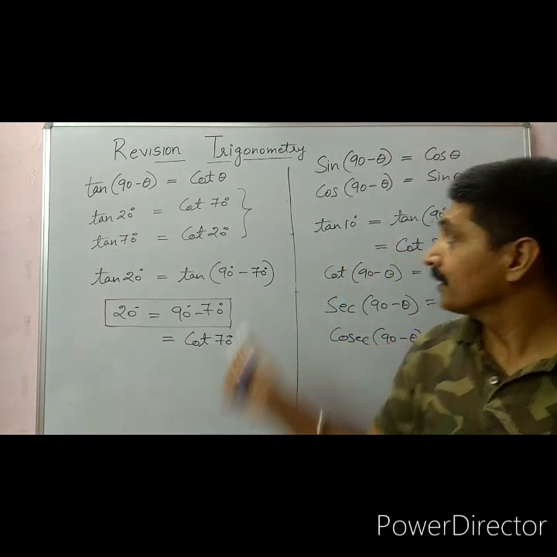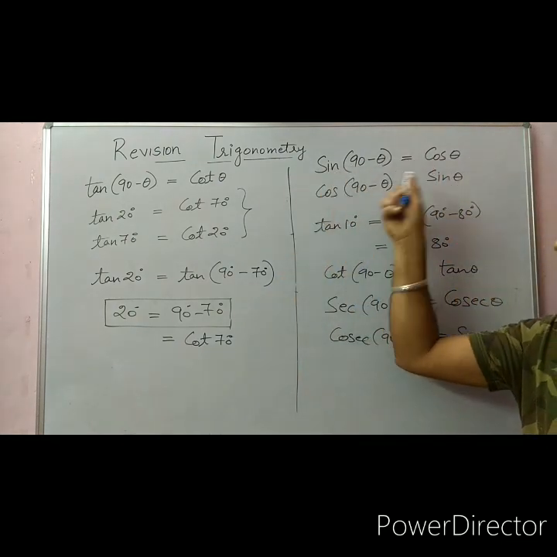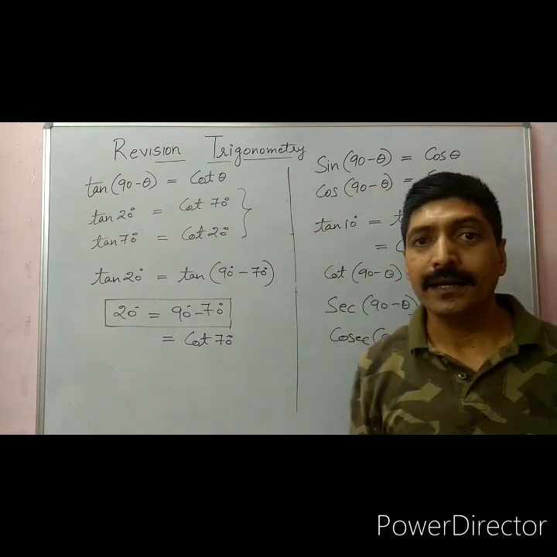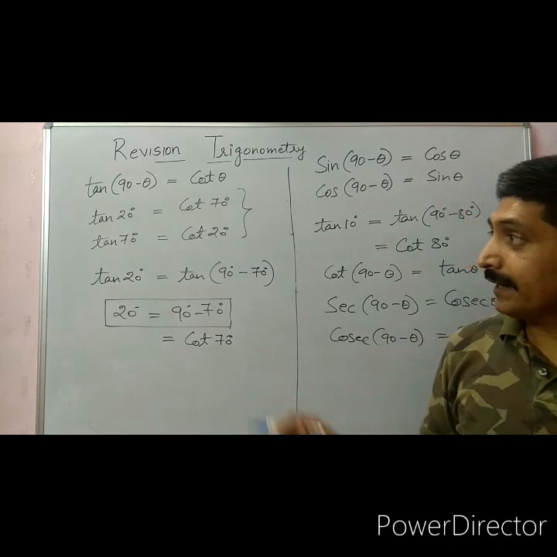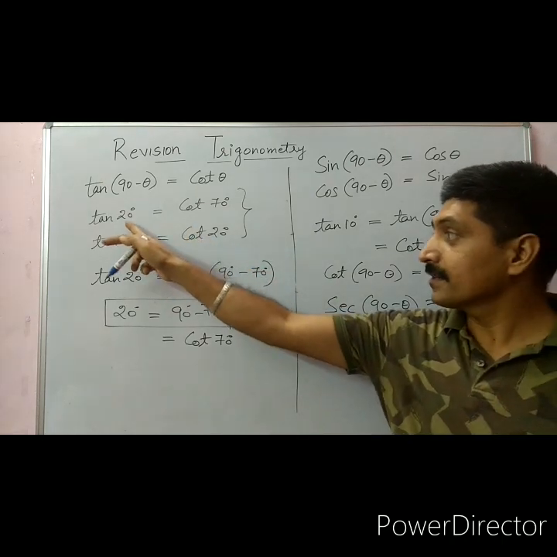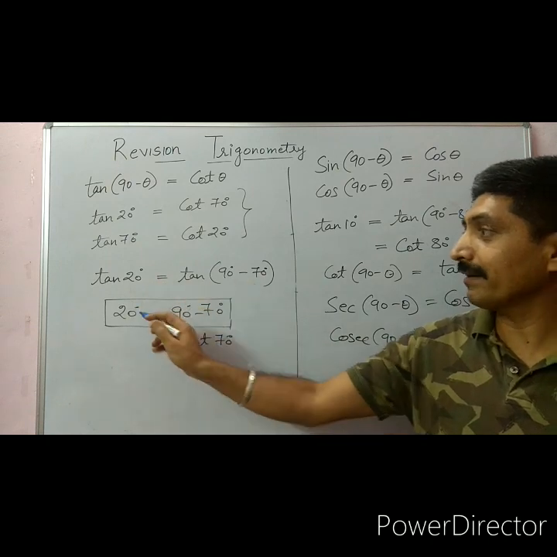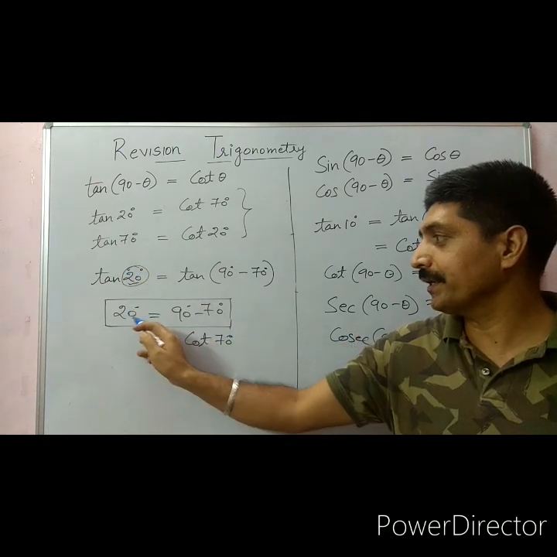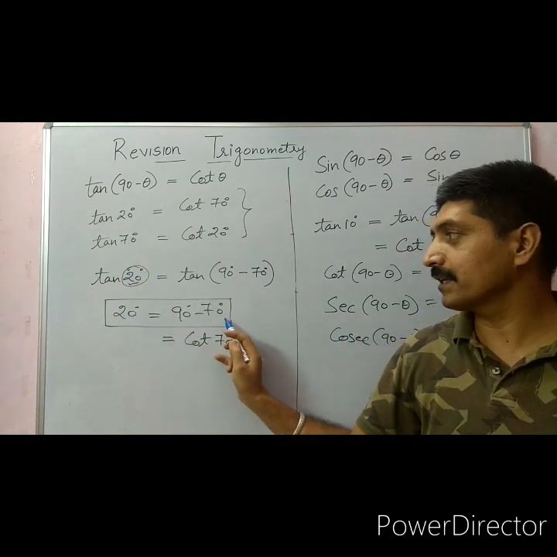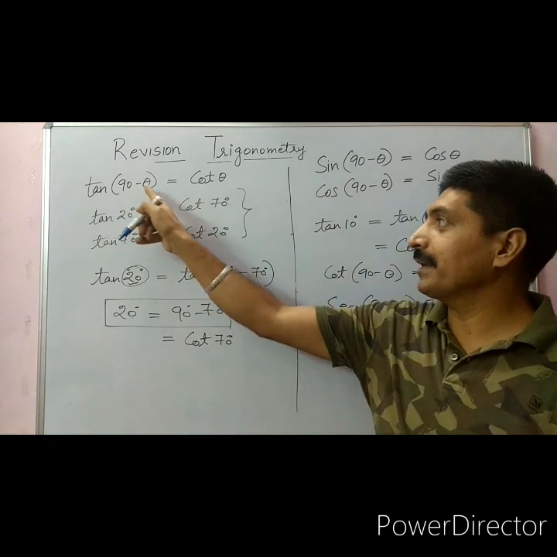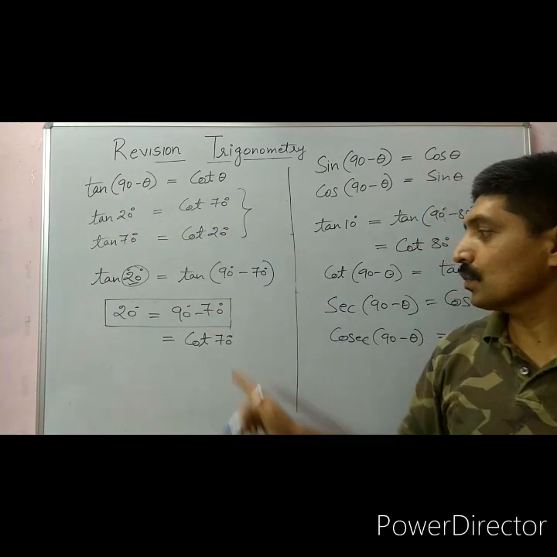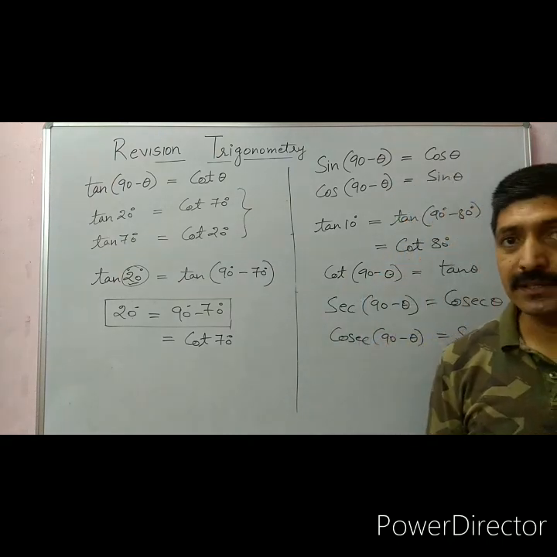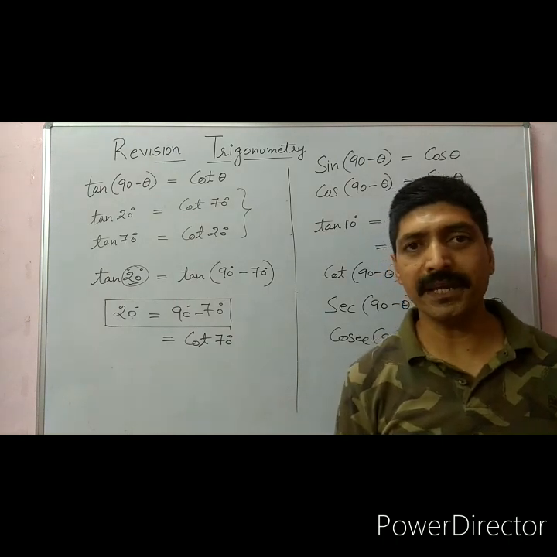So always sine changes to cosine and cosine changes to sine in case of complementary angles. And this is a very common mistake students are doing. So better remember this point here. This angle is 20 degree, so we can write 20 is equal to 90 minus 70. Now we have the identity tangent 90 minus theta is cotangent of theta. So I hope you are clear with these trigonometric ratios of complementary angles.